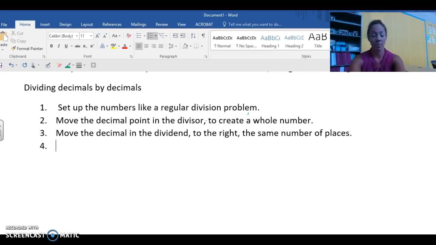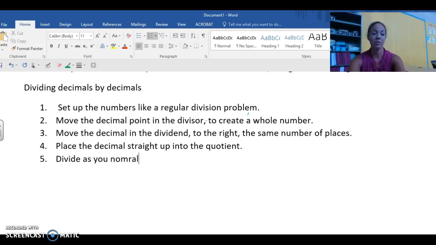Number 4, this one you already know, place the decimal straight up into the quotient. And number 5, divide as you normally would. Add zeros on the right.